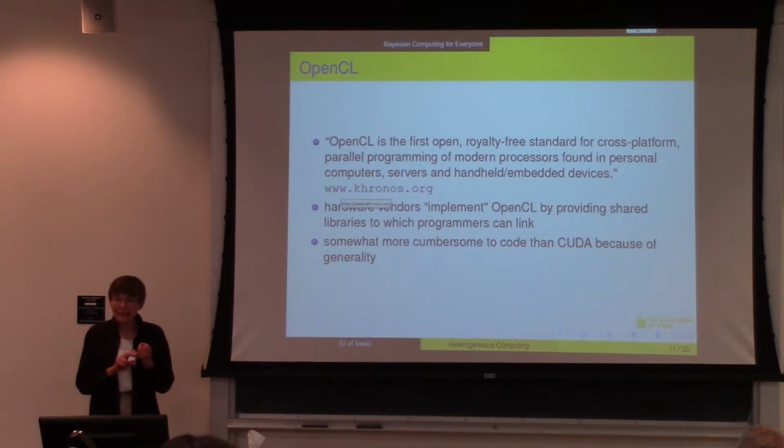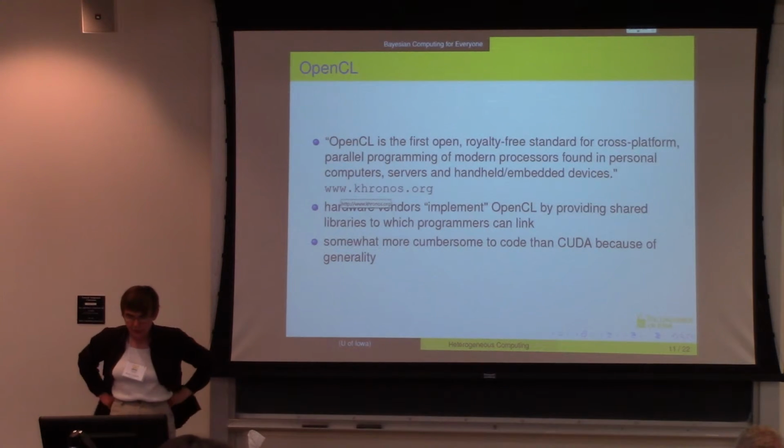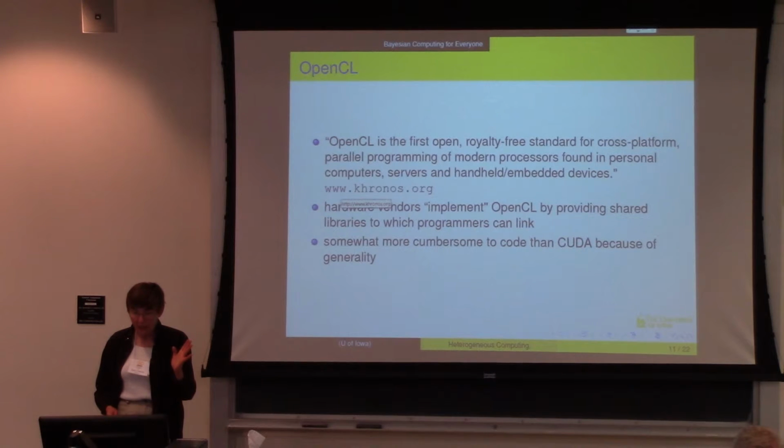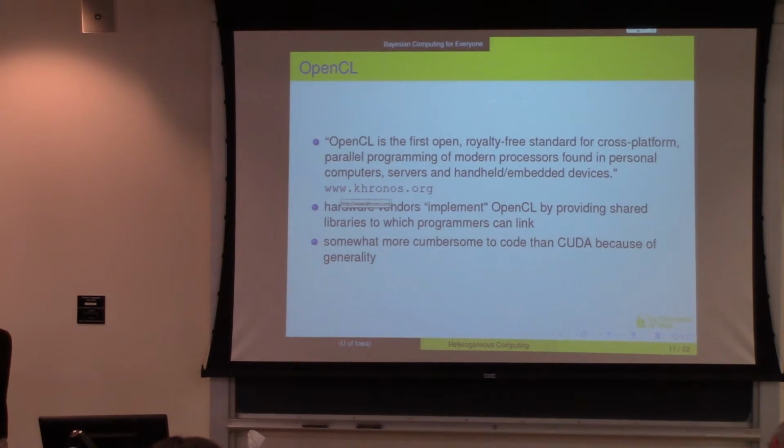And they have written this standard, well, let me use their words, this came from the Khronos Foundation's website. OpenCL is the first open, royalty-free standard for cross-platform parallel programming of modern processors found in personal computers, servers, and handheld embedded devices. Open source, royalty-free, runs on all kinds of different hardware.